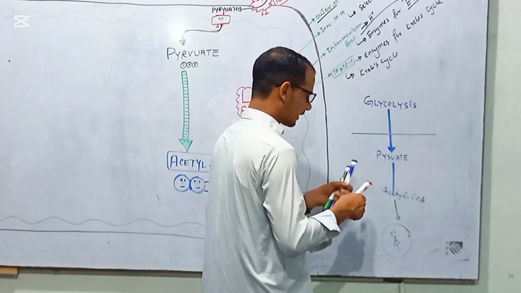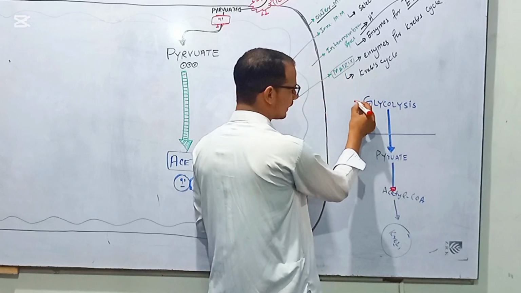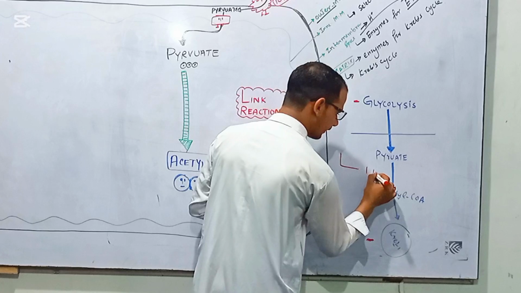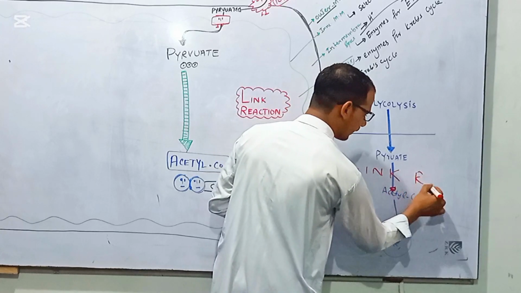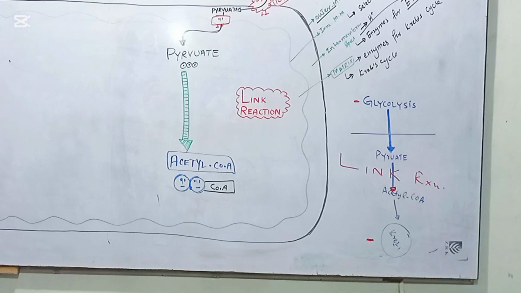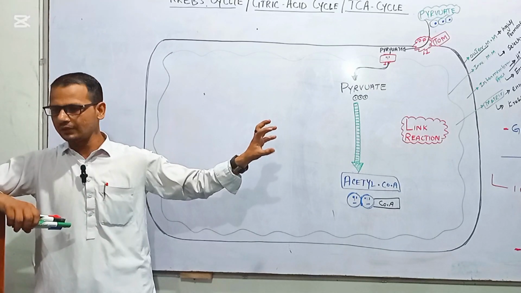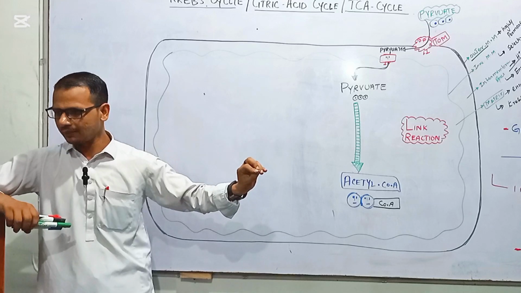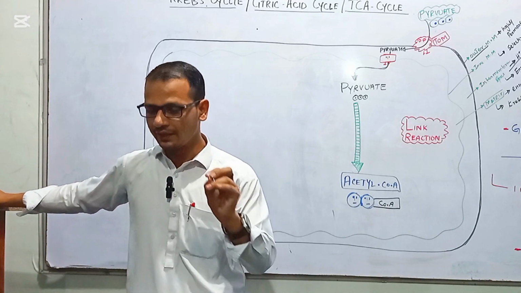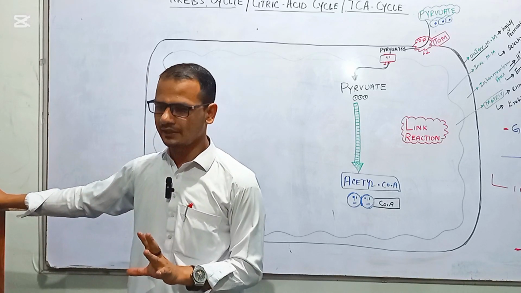So this is the reaction which links the glycolysis with Krebs cycle, so it is called link reaction, right? If someone asks about link reaction, you can say that this is the reaction in between glycolysis and Krebs cycle, because the end product of glycolysis, which is pyruvate, cannot directly undergo Krebs cycle, right?